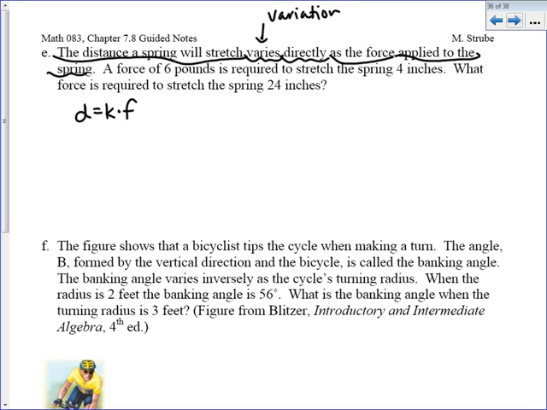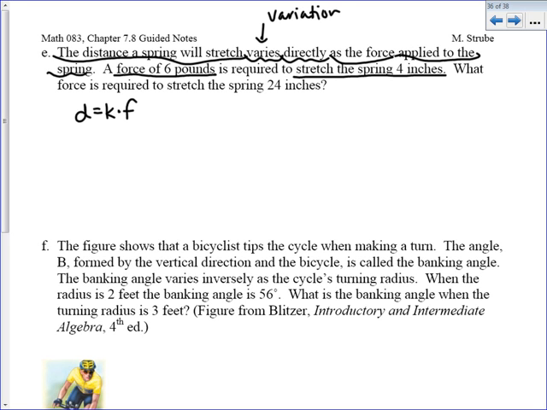So a force of 6 pounds is required to stretch the spring 4 inches. So it's not, again, quite as clear cut. We have to figure out which one's the distance and which one's the force to get the numbers in the right place. So is the 6 going in for D, or is the 6 going to go in for F?